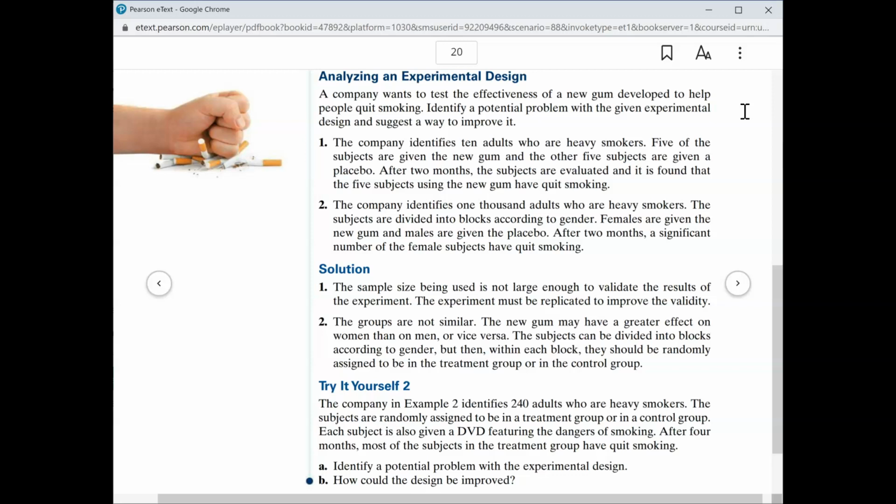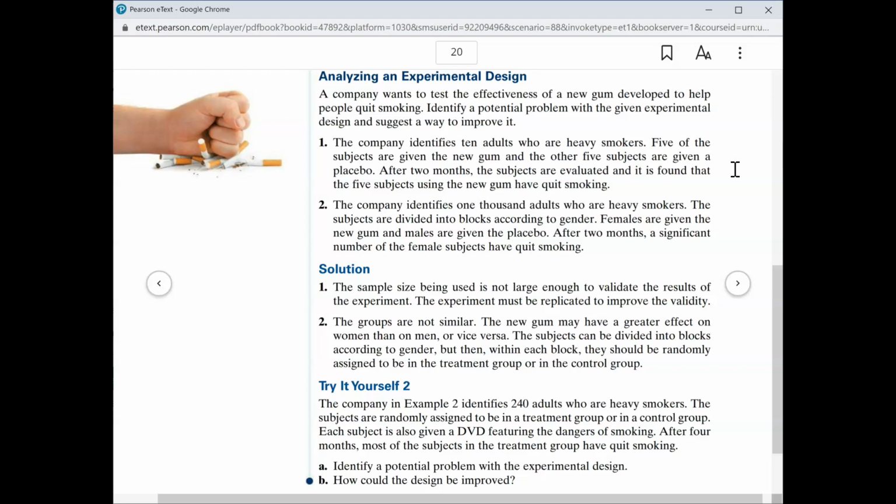The company identifies 10 adults who are heavy smokers. 5 of the subjects are given the new gum and the other 5 are given a placebo. After 2 months, the subjects are evaluated, and it is found that the 5 subjects using the new gum have quit smoking. All right. The biggest thing wrong with that is that it's such a small sample size. It's only 5. There's only 5 in the sample.